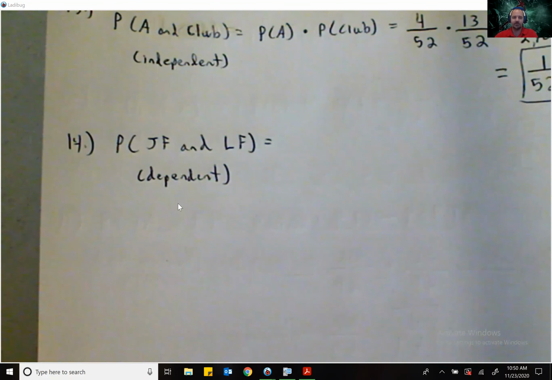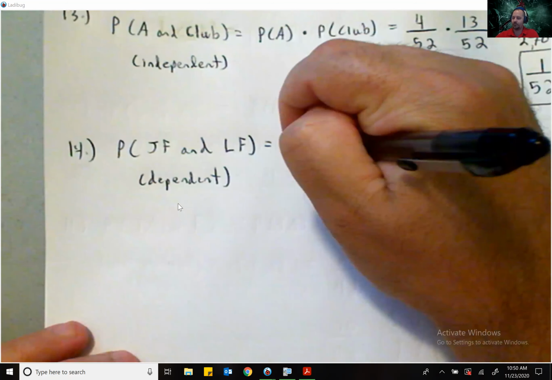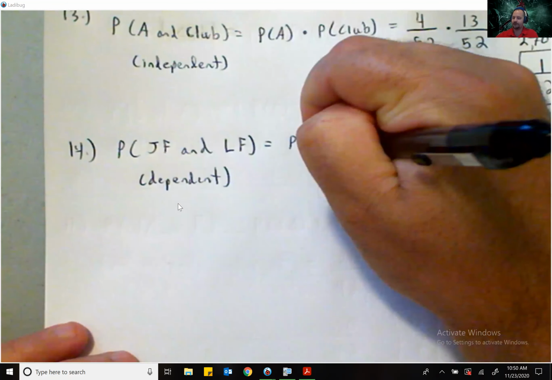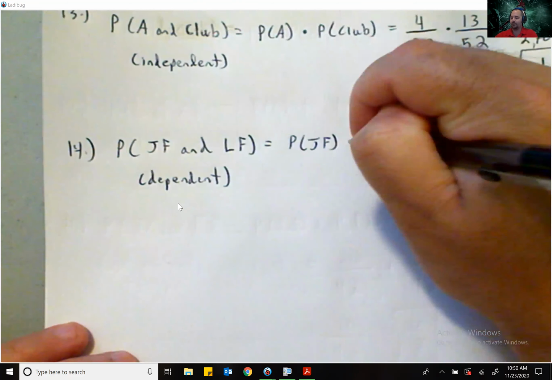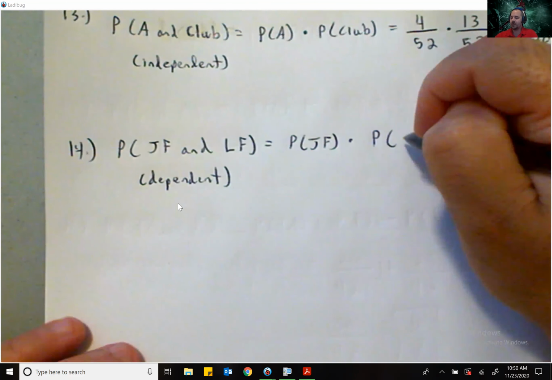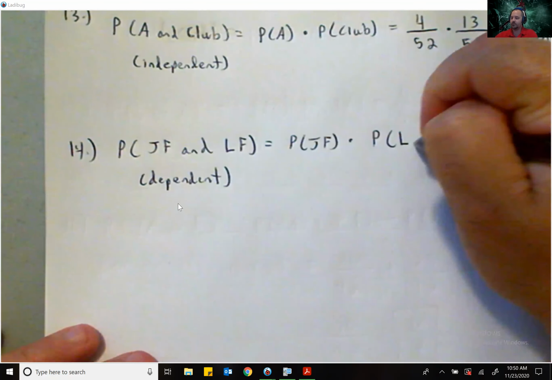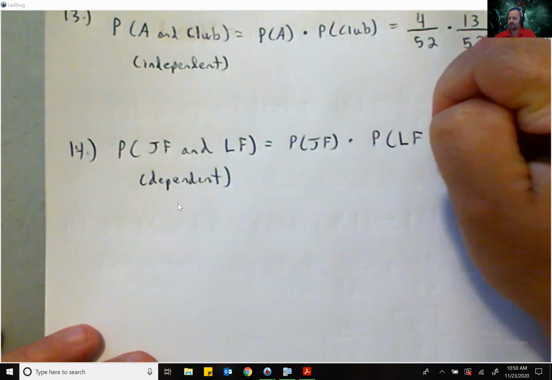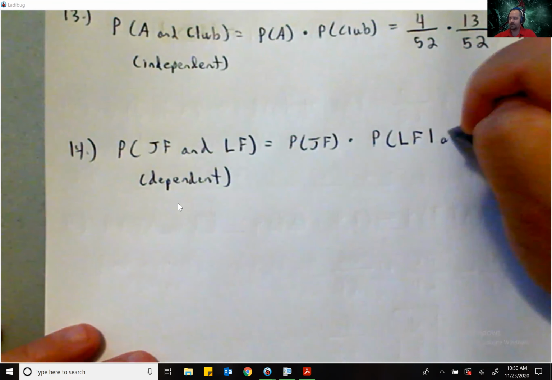So the moment I eat a donut, choosing the next donut is different because there's not the same amount left. So we're going to find the probability of a jelly-filled first, and multiply that by the probability of a lemon-filled, given that we ate the jelly-filled.